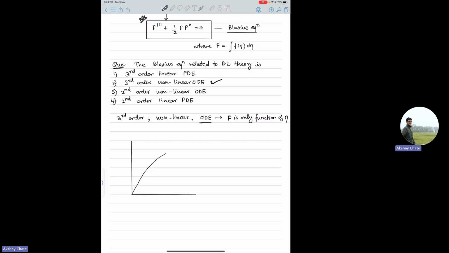you get something like this curve where on x-axis you have beta and this is your f of beta equal to 1.